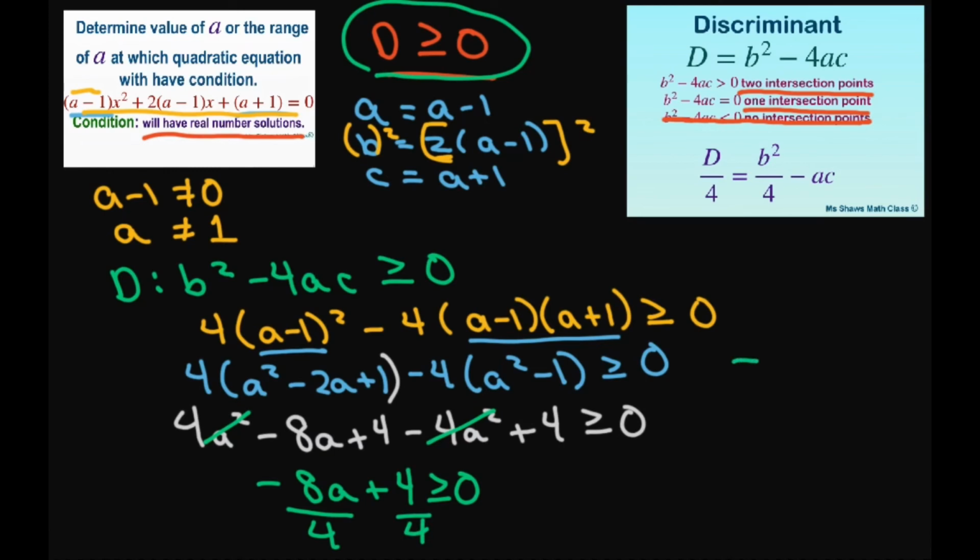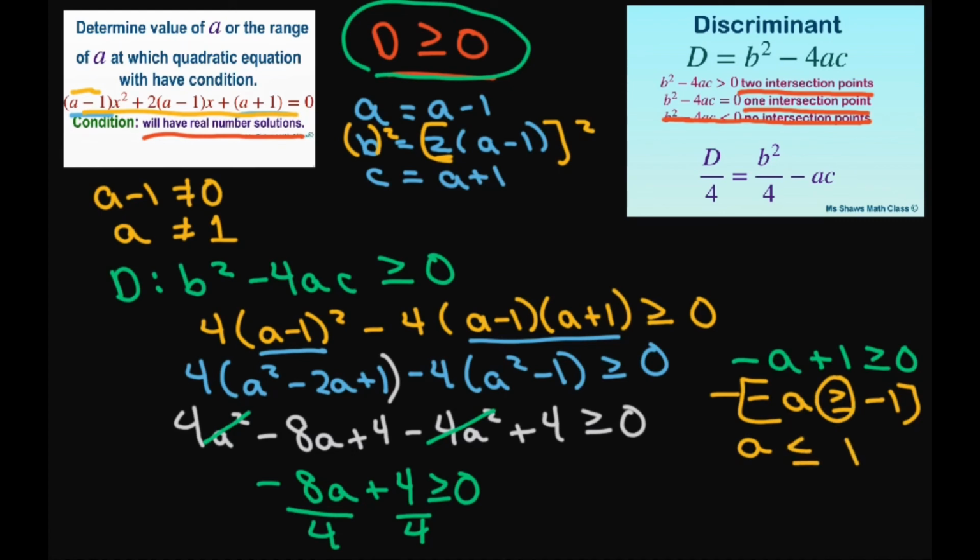That's going to give me negative a plus 1 has to be greater than or equal to 0. Also, that means negative a has to be greater than or equal to negative 1. Or if you negate all this, you have to flip the inequality around, so a has to be less than or equal to 1.